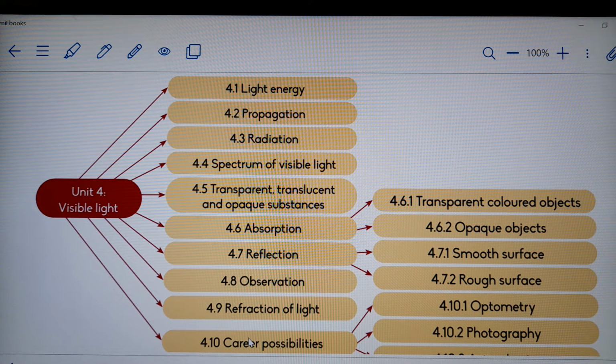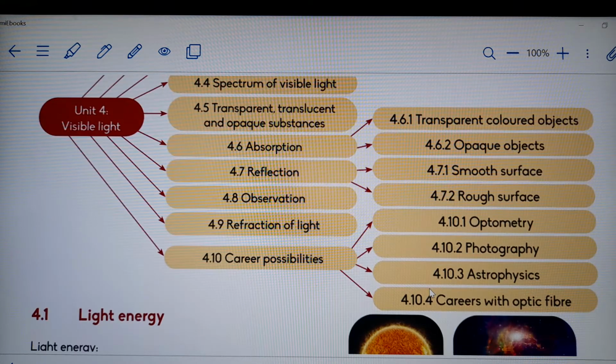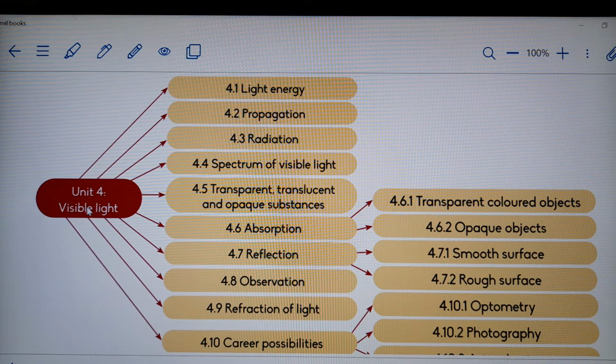Okay, and we are going to cover all of these subsections, and you can also see that these subsections also have little divisions, but we are going to cover everything in this unit 4.